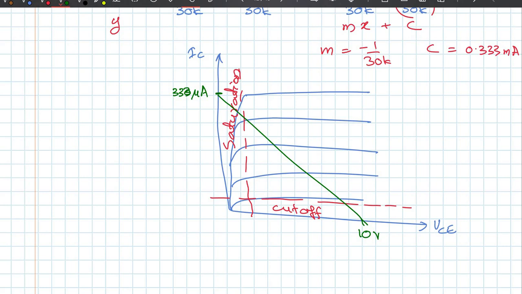Now let's say this is my 4 microamperes, and this is 2 microamperes, something like that. So this will be my Q point.